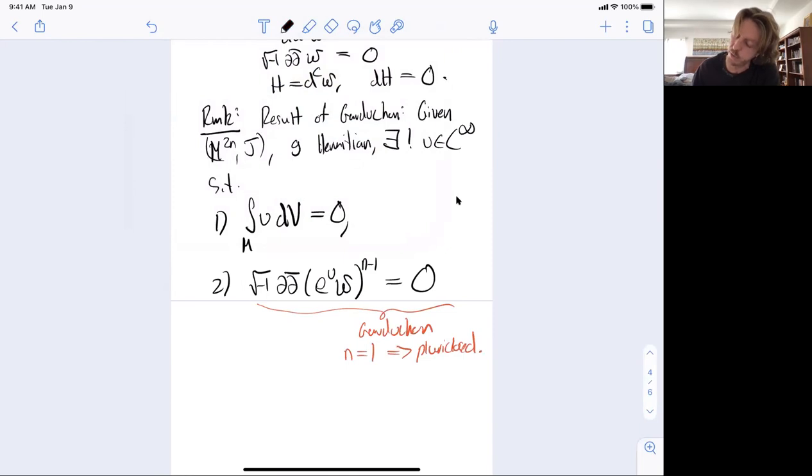This is the Gauduchon condition for the metric e to the u g, or the Kähler form e to the u omega. And when n equals 2, that condition is the same as pluriclosed. So it's saying you can impose this kind of scalar equation, an equation of top degree forms, always on a Hermitian metric by a conformal change. Sorry, not n equals 1, n equals 2.